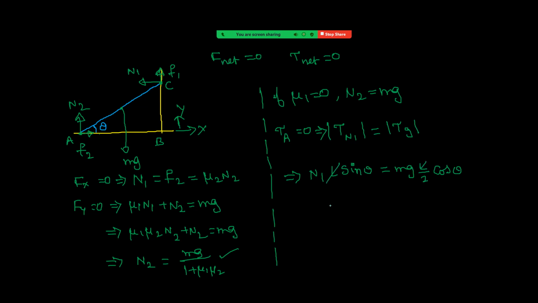So L gets cancelled. So N1 sine by cos, N1 tan theta, is equal to mg by 2.